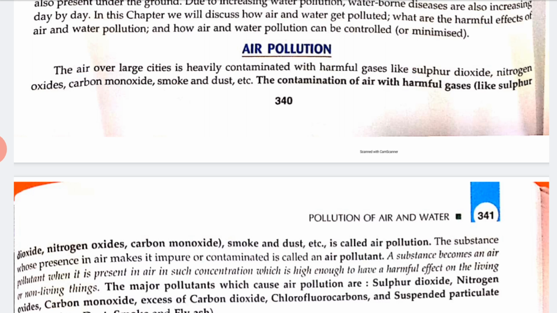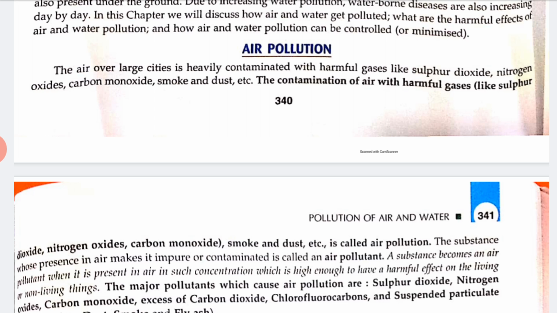The major pollutants which cause air pollution are sulfur dioxide, nitrogen oxide, carbon monoxide, excess of CO2, chlorofluorocarbon, and suspended particulate matter like dust, smoke and fly ash.